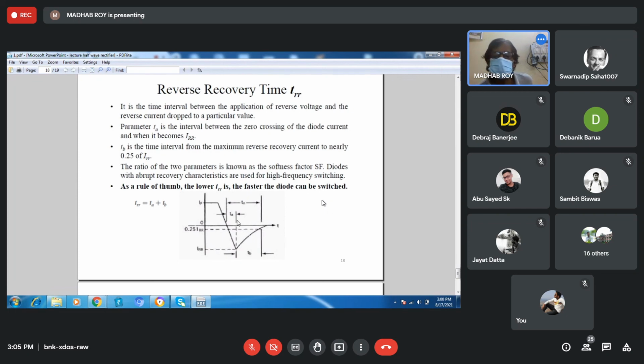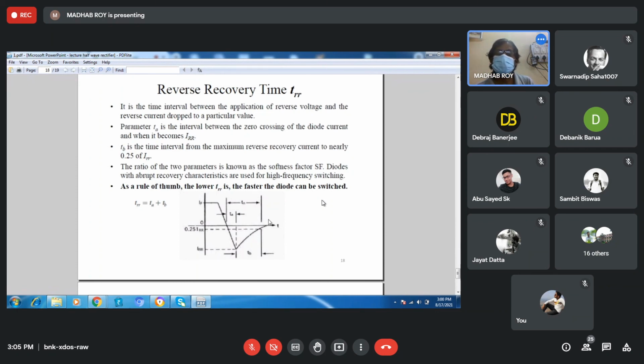Gradually this charge will decrease to this value, and the depletion region will be developed again. This is called the development of the depletion region.